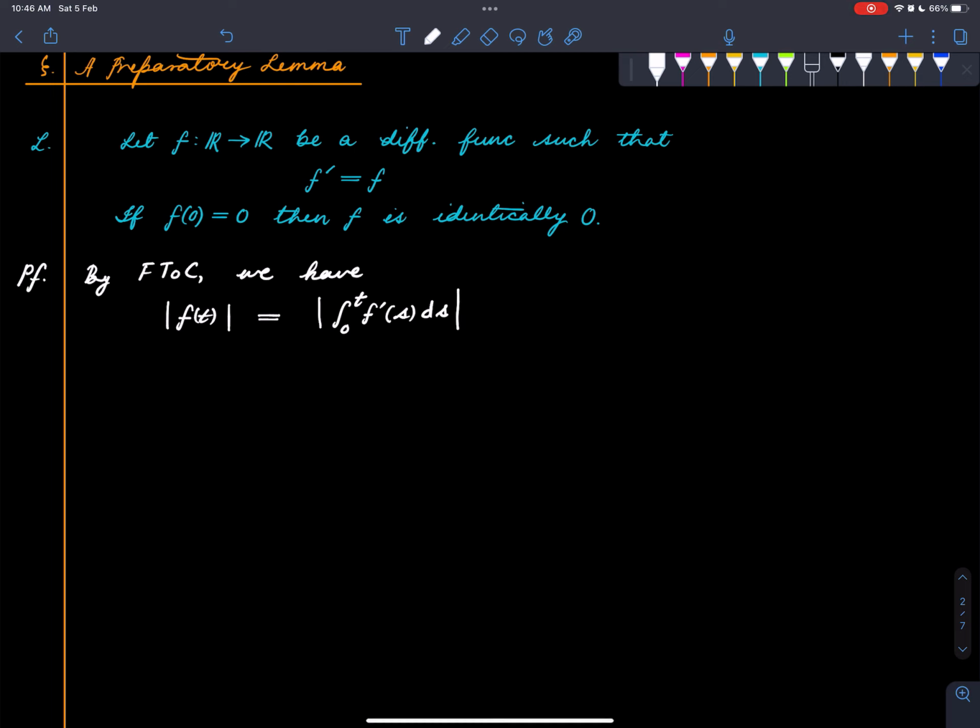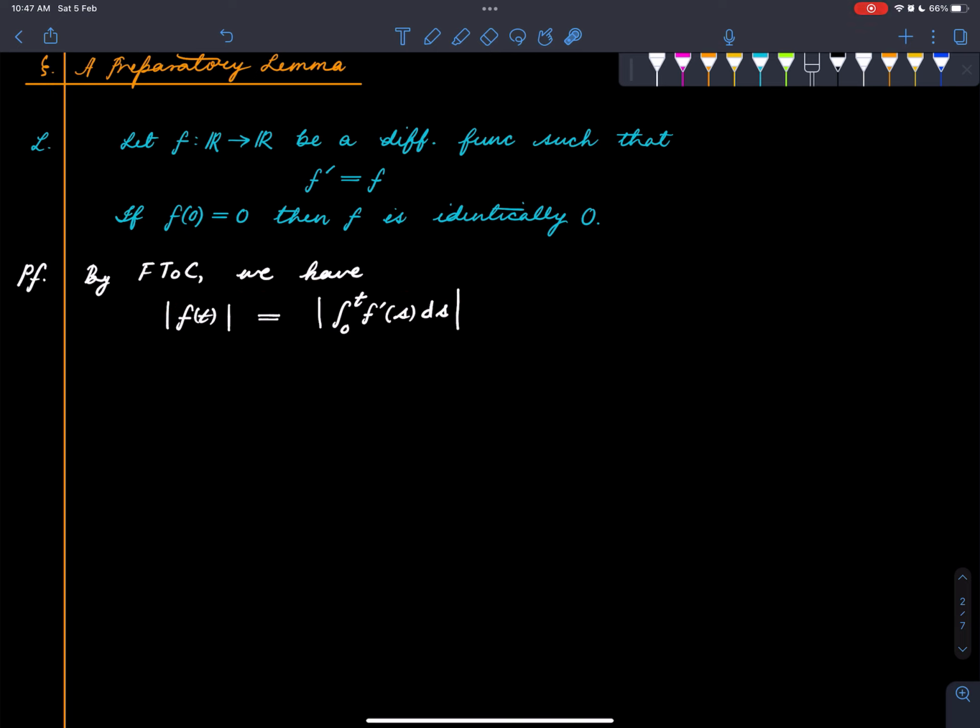Why can we say this? Basically, we can integrate something if it is Riemann integrable, and since f is its own derivative, f is differentiable as many times as you want, because f is differentiable and f prime equals f, so f prime is also differentiable. In particular, f prime is continuous, and therefore this integral makes sense, and we can apply the fundamental theorem of calculus to write this.